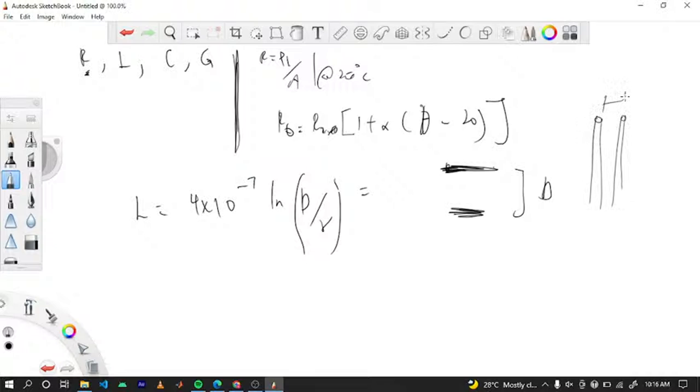This is the equation for the inductance of a single phase two-wire line.